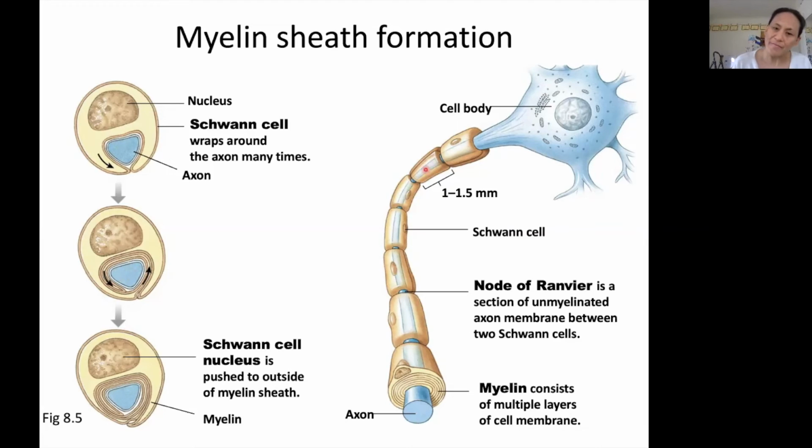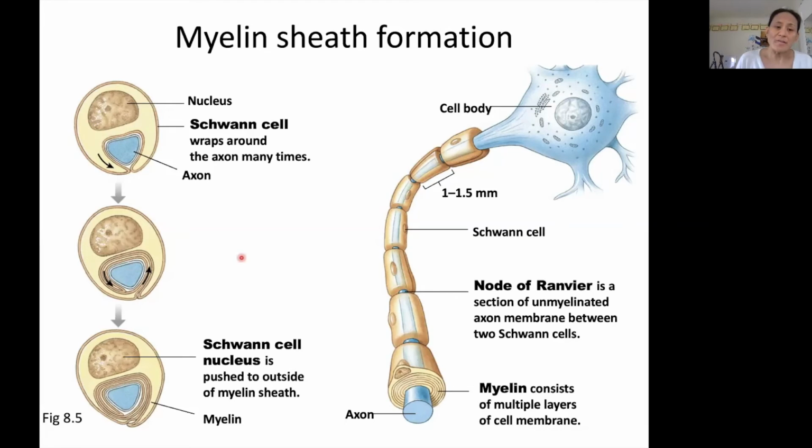So we have this myelin sheath here, and it is interrupted by these little spaces called nodes of Ranvier, okay? So they're these sections of unmyelinated axon membrane between two Schwann cells, right? So the Schwann cell is going to wrap around, and then you're going to get a little space there, and then you're going to have another Schwann cell wrapping around, and so on, okay?